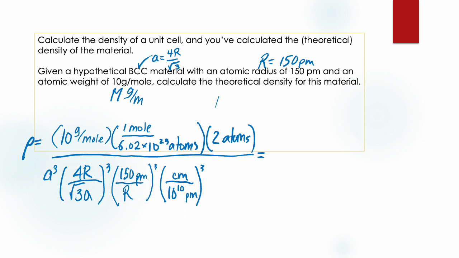And the a's cancel. Let's use another color so you can see. R's cancel. A's cancel. There's a cubed. Picometers cancel. Moles cancel. Atoms cancel. And so we have, for our density, 10 times 2 times 3 root 3, that's from the denominator in the denominator.